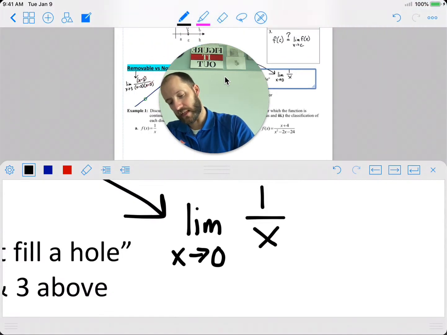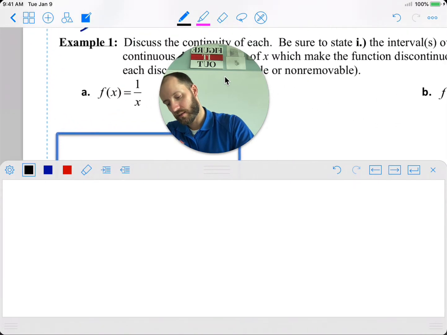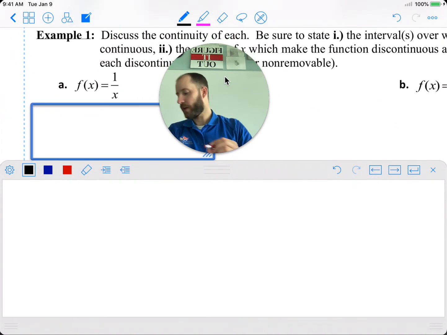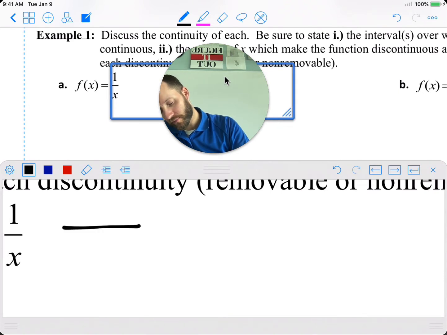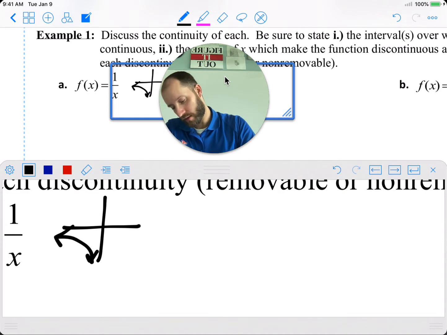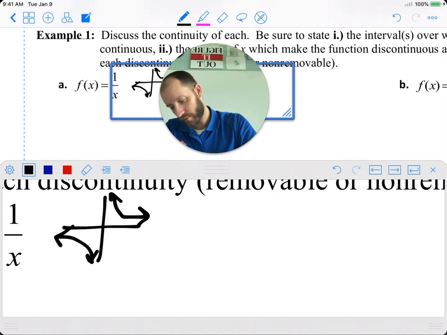Alright, so a parent rational function. Kind of think in your head, looks a little something like that. Obviously, that's a poor representation, but it's good enough, okay?